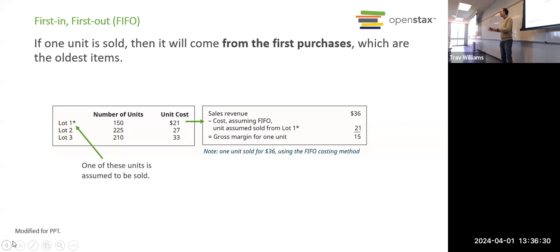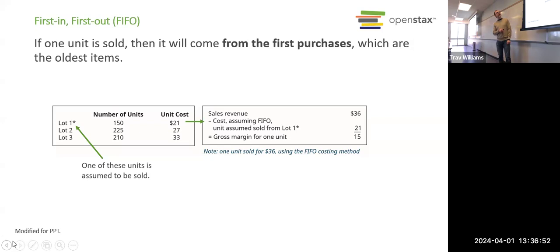I mean, eventually it all is going to wash out. If you make yourself look less profitable, you're just shifting those profits into a future period. But at least for the current period, you could make yourself look more or less profitable, depending on what your strategy is.